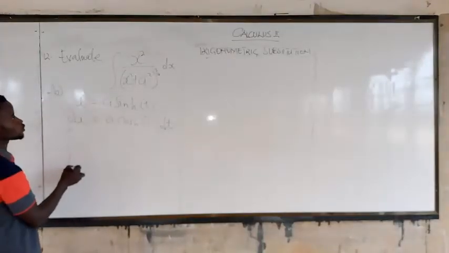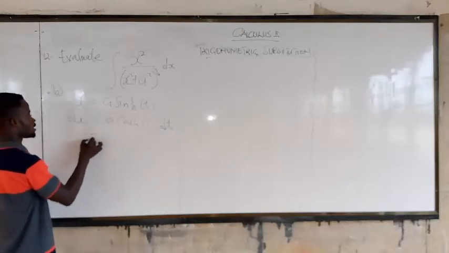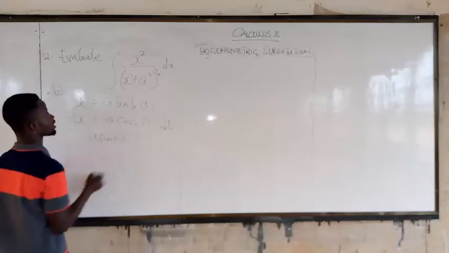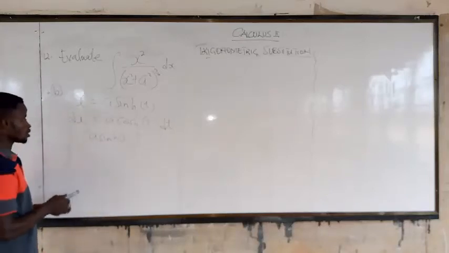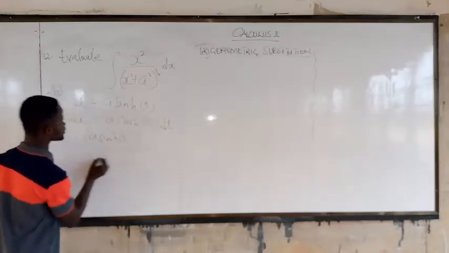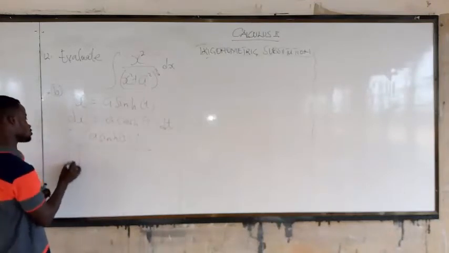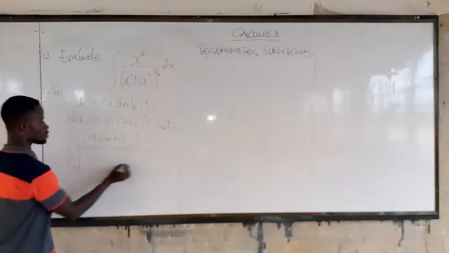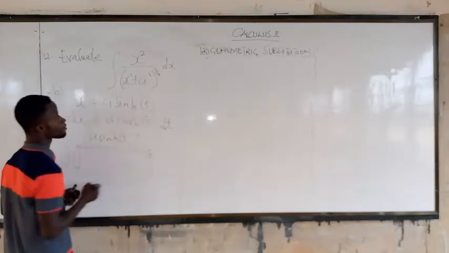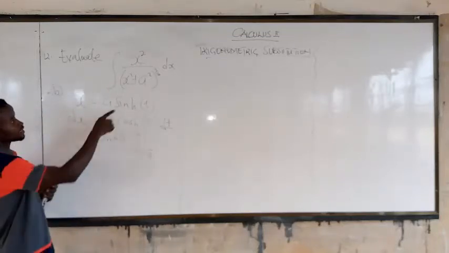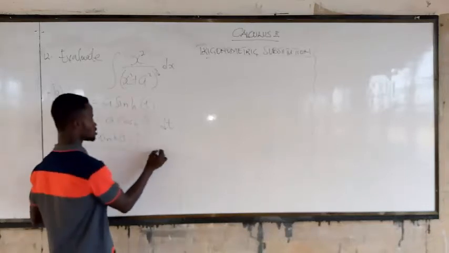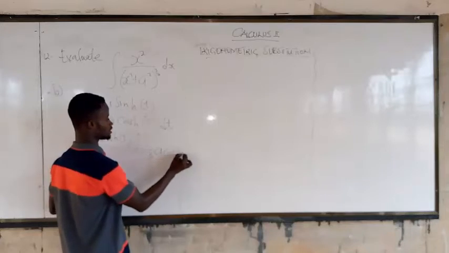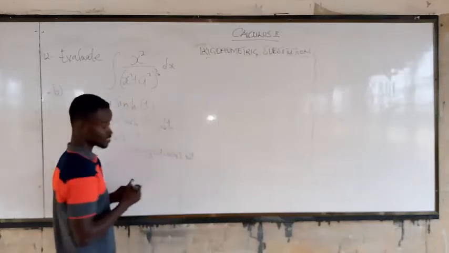So by substitution, we get (a sinh t) all squared, all over the square root of (s squared plus a squared) to the power 3, and we have ds to be a cosh t dt.